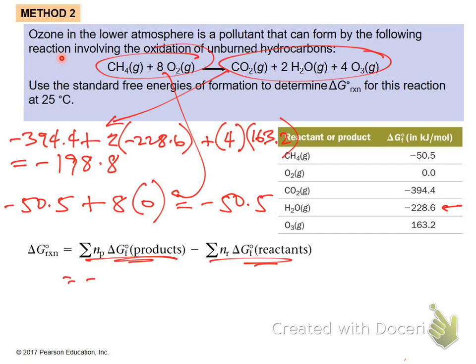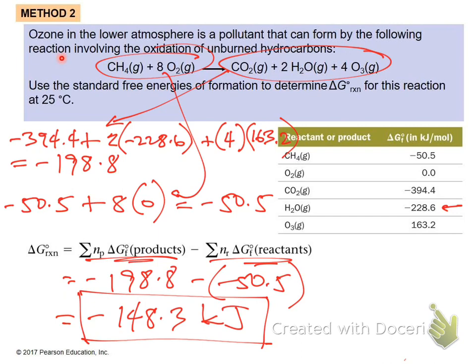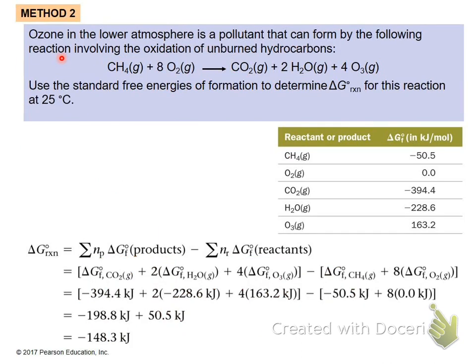So negative 198.8 minus negative 50.5 gives us negative 148.3. All right, and this is going to be in kilojoules. All right, again, this is a negative value, and so it's going to be spontaneous. So here's a cleaner version.